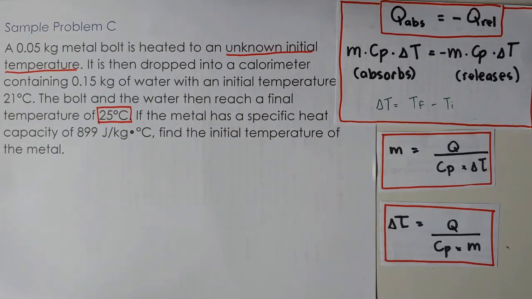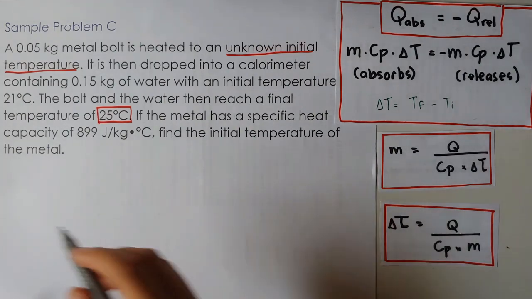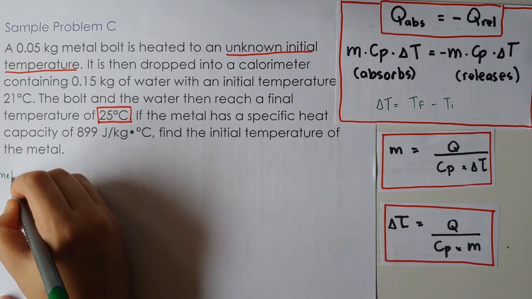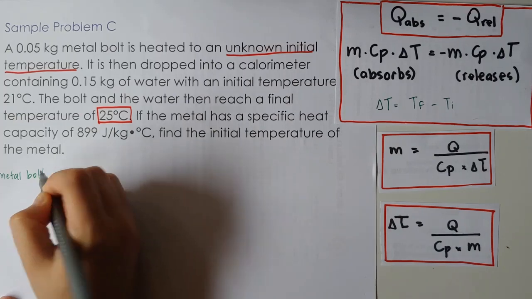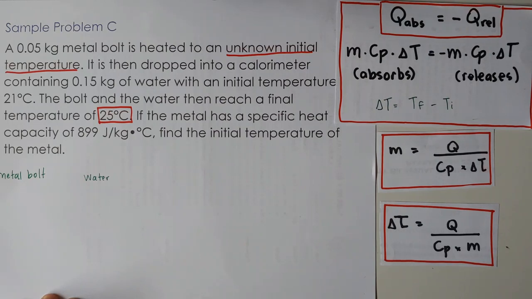In this case, we have two objects, the metal bolt and water. So as I told you, it's good that we separate the givens. Metal bolt and water. Now we need to identify which one gets hotter and which one gets colder. Usually water is the one that gets hotter, because you place heated objects in water in order to make them cooler.